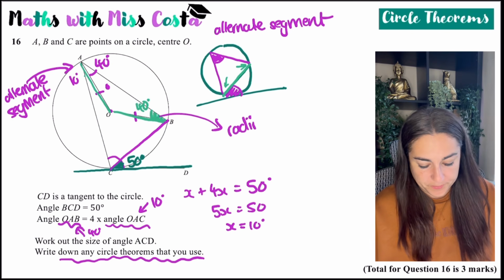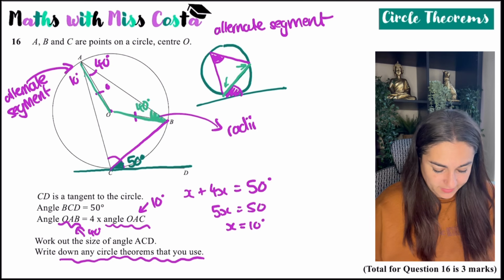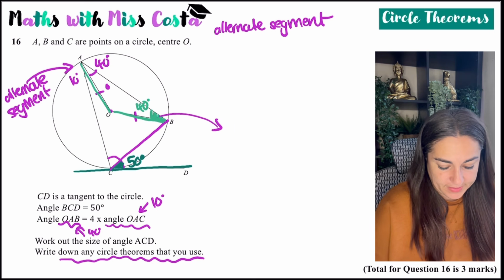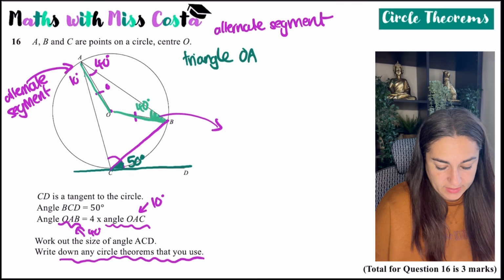So we'd say triangle, well, I don't know, there's not enough space for working. Okay, so I'd say triangle OAB is isosceles as it's formed by two radii.